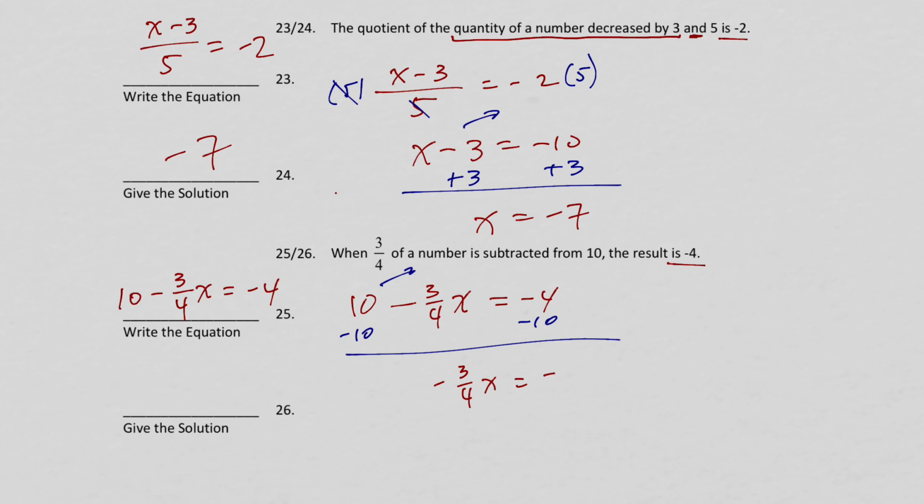Negative 10 and negative 4 give me negative 14. And then I'll get rid of my fraction here by multiplying by negative 4/3, and I'll do that on each side. This all cancels, and nothing cancels here, but a negative times a negative is a positive. 14 times 4 is 56. 1 times 3 is 3.